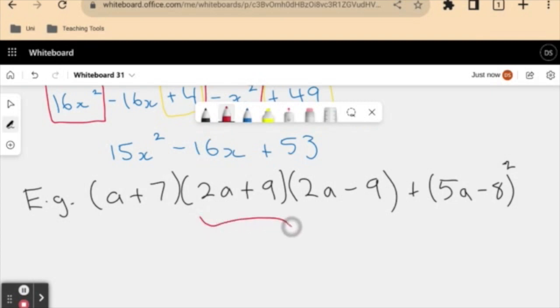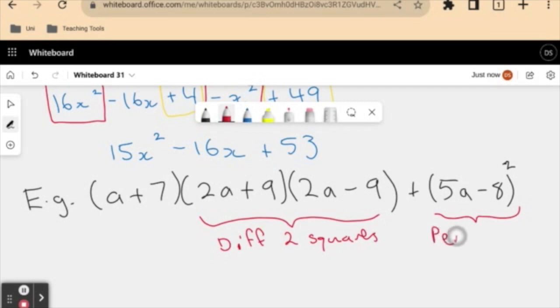Well, here we have our difference of two squares. So that's going to make our life a lot easier because this will all reduce to two terms. And here we have a perfect square, which will give us three terms. But that's okay. At least now we know where we're at.